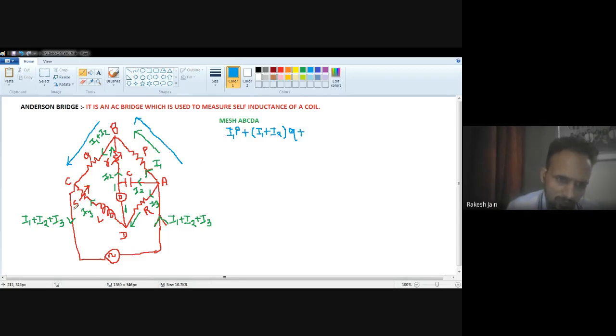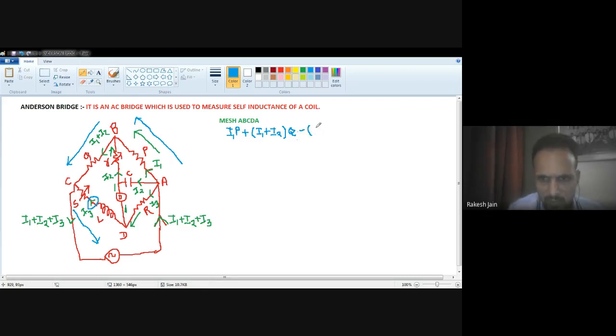Then plus, C to D, when I'm going, I am here. But the direction of the current is opposite to my direction, which I chose anti-clockwise. That's why I have to write it with a negative sign. So I have to put a negative here. Don't be confused. Current is I3, so I will write I3.